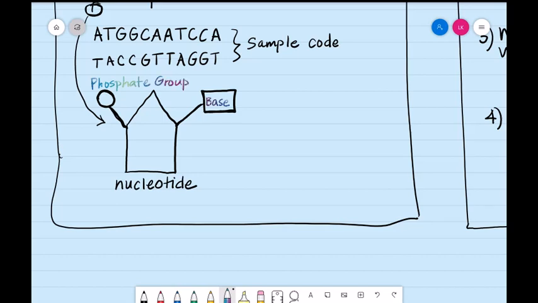And this guy is the sugar. So that all makes up the structure of DNA.